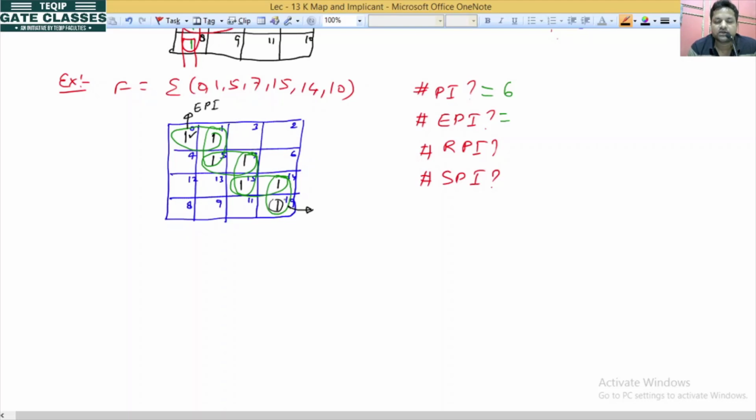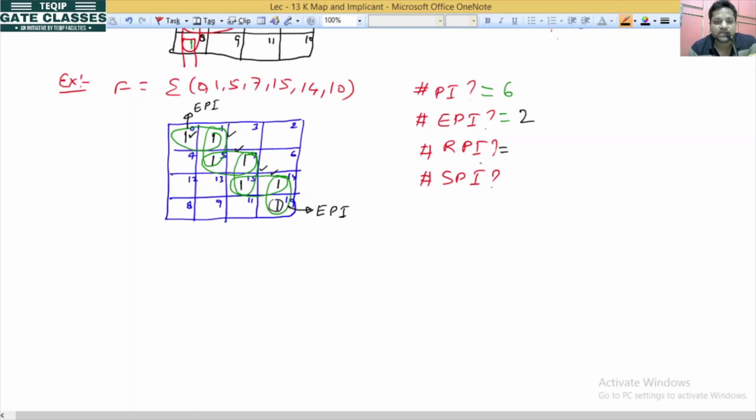This one is not covered by other PI, so this is also EPI. And all the others, this group, this group, this group, and this group, in all these groups both the cells are covered by other PI. That's why these 4 are not EPI. So total EPI is 2 only.